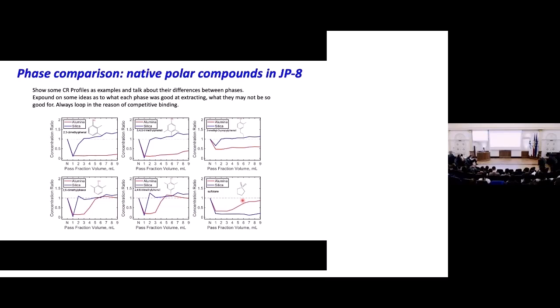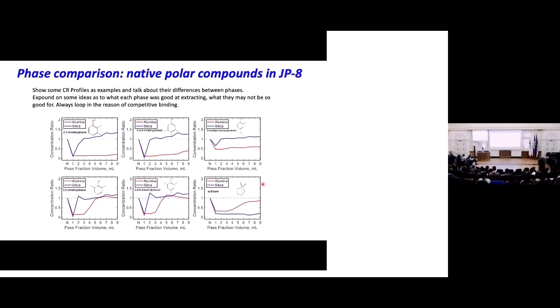This gave us a way to determine what sort of phase you might want to choose for your extractions of jet fuels and/or rocket fuels, and how to balance the sample load volume. Maybe we can even investigate this further by checking out different sorts of extraction phases, such as Florisil or the other brands of alumina.